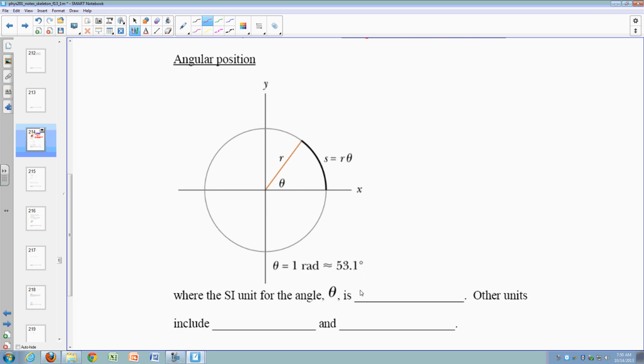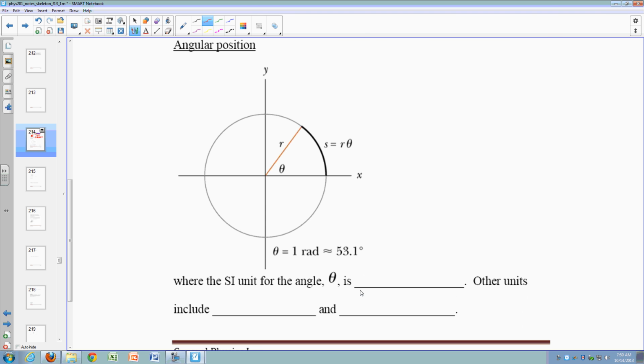All right, so back in chapter 2, we defined position, velocity, and acceleration. Now let's also define this in angular terms. So instead of position, velocity, and acceleration, we'll define angular position, angular velocity, and angular acceleration. First of all, our angular position is just a position given by an angle theta.